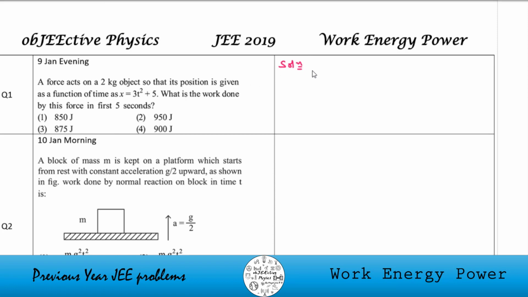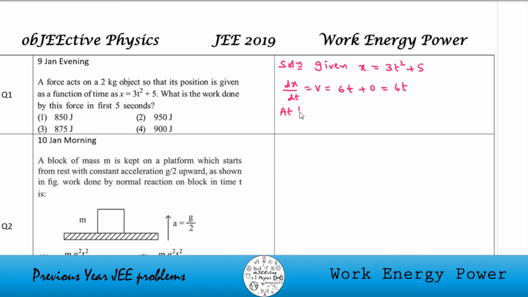See the solution. Here given x is equal to 3t square plus 5. By differentiating it with respect to time on both sides, we will get velocity. V is equal to d by dt of 3t square plus 5. So d by dt of 3t square is equal to 6t, and d by dt of the constant 5 is 0, so velocity is equal to 6t.